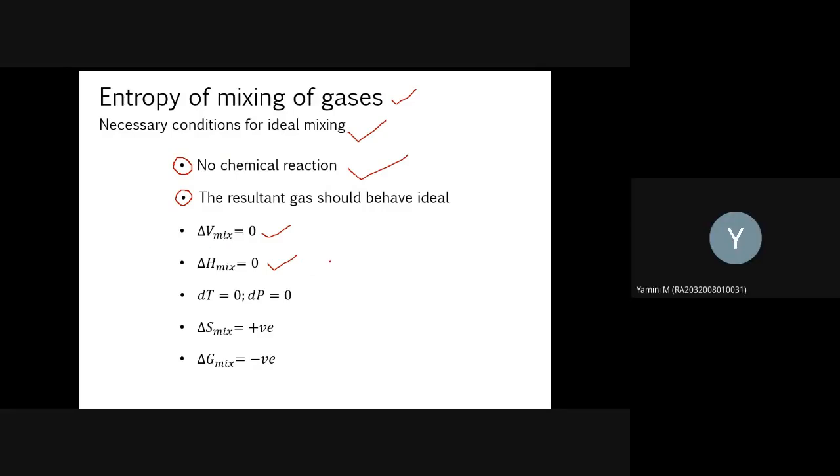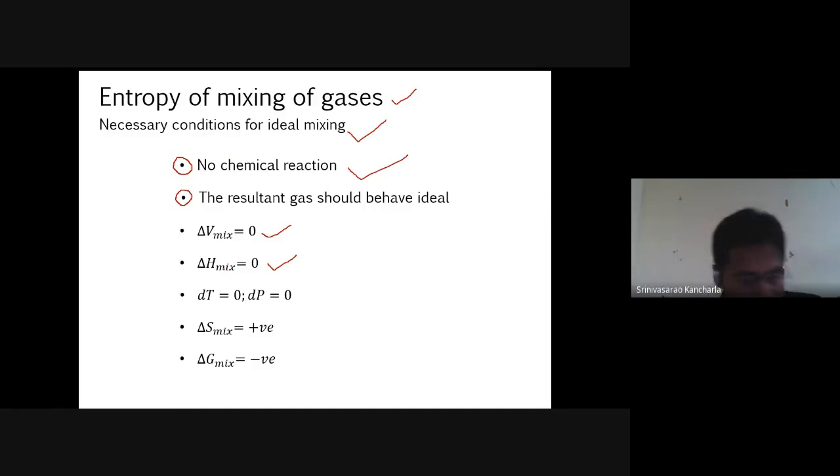Similarly, delta H mixing, because you know that ideal gases do not interact with each other, there are no attractions or repulsions between them, so the energy exchange is 0. So delta H mixing is 0 when you are mixing two gases in ideal conditions.